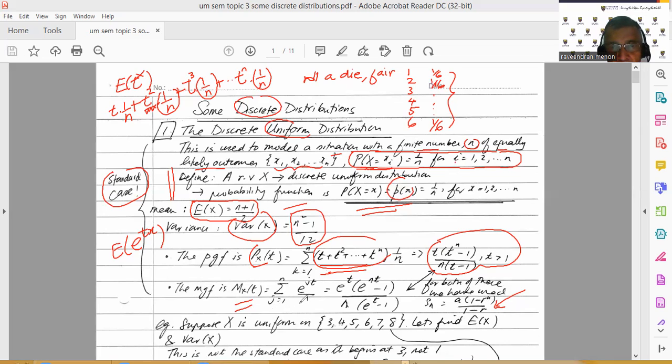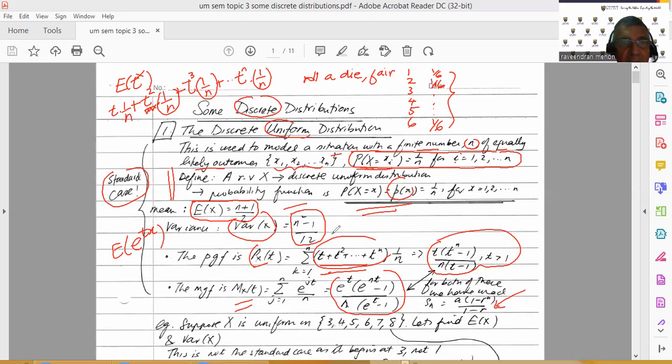The probabilities are just 1 over n times e to the power of jt. Again, we're using the sum to n terms of a geometric series, or geometric progression, and you'll get this formula. So that's what I wrote here. For both of these, we have used the sum to n terms formula of a geometric progression. Okay, enough about formulas.